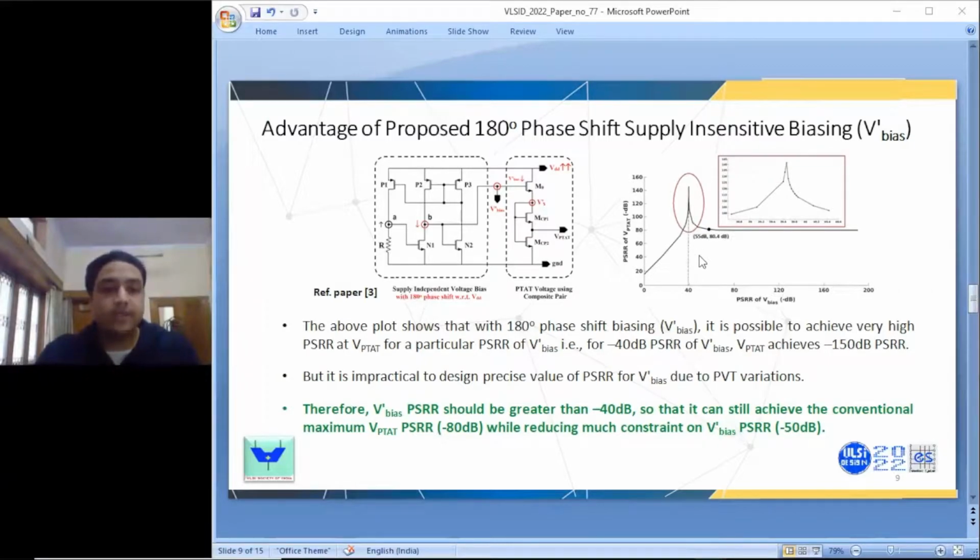But the point here is, we also don't need to bias our circuit at 40 dB. What if we bias somewhat higher than this, let's say 50 dB or 55 dB? So we choose somewhere near 55 dB PSRR for this circuit, and let's say there is a change in this 55 dB PSRR due to PVT variation. Still, we are able to achieve a maximum PSRR of 80 dB.